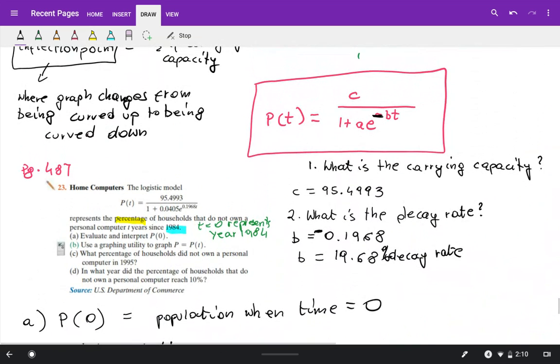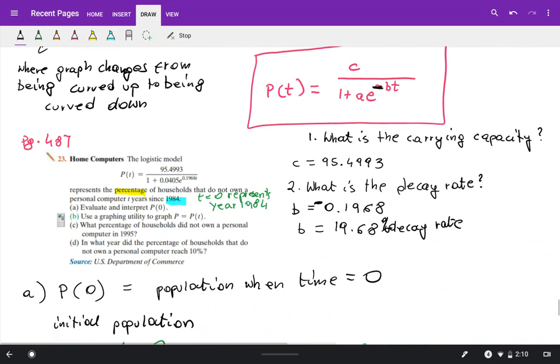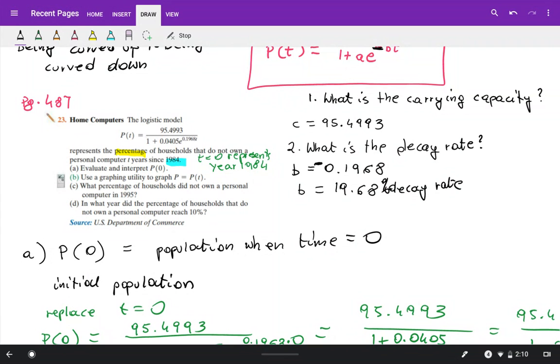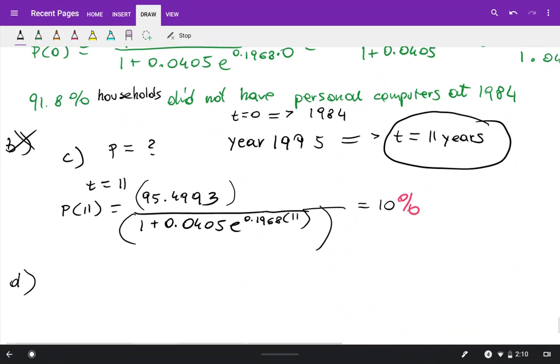In D, they're asking in what year did the percentage of households that do not own a personal computer reach 10%? I'm sorry, not 10%. I messed up here. I read the answer of the previous one. Here, it wasn't 10.